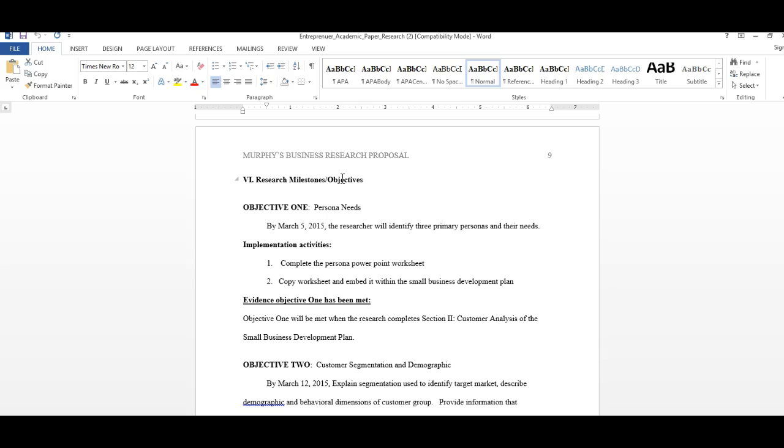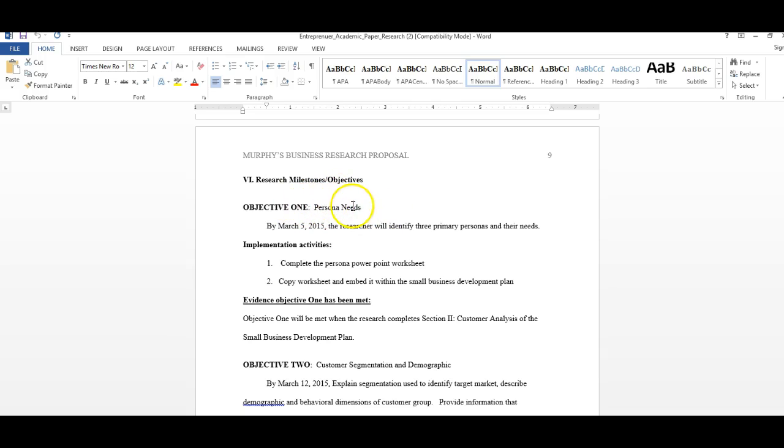What are all the questions that he has, and how can he break this down into objectives? And then from the objectives he's going to create a research design around that. So the curriculum in this online format works a little bit backwards, trying to get you to do the design before they have you do the objectives. That's why I'm doing this video, to show you how this works.